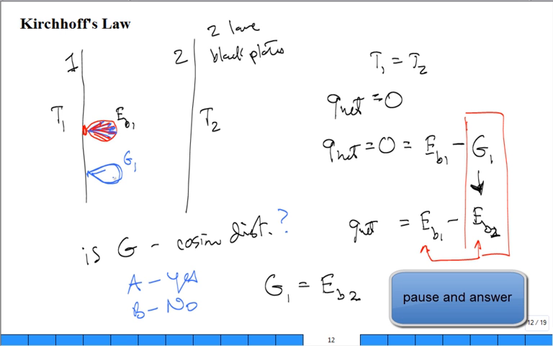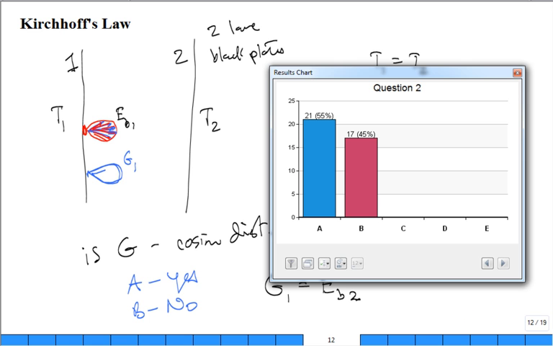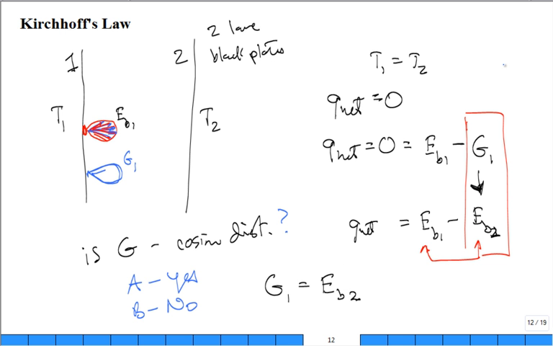All right, let's see how we did. Split. Well, it is cosine distributed as well. It's probably not trivial to prove, but think about this.